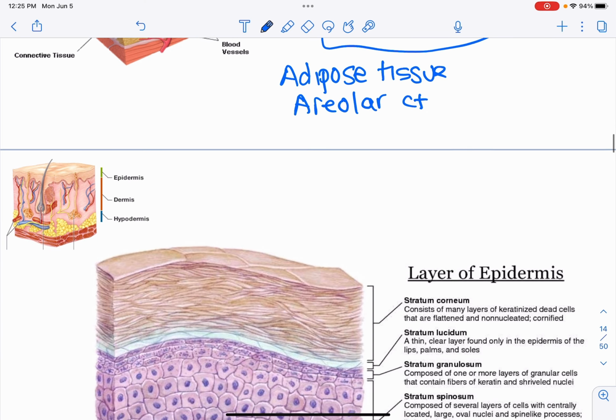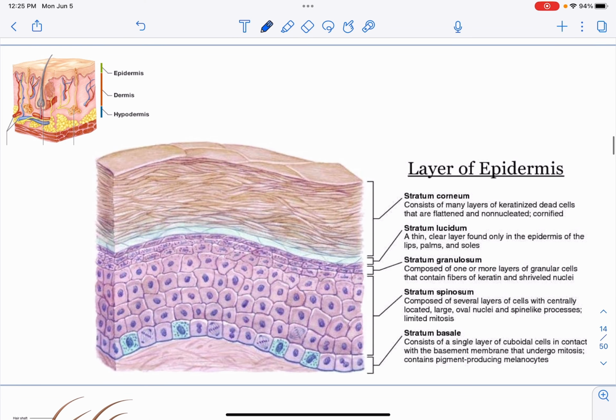All right, so what we want to do right now is spend some time talking about the layers of the epidermis, because this is very important, and I want to make sure that you understand what is going on. There are several layers that make up the epidermis, and they have very distinct names.